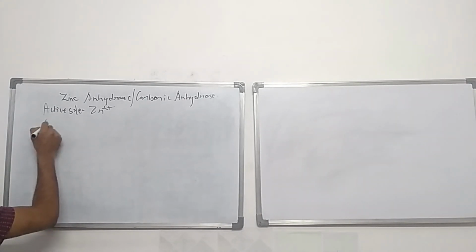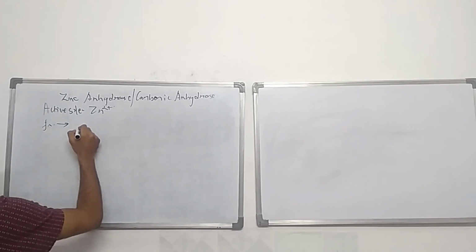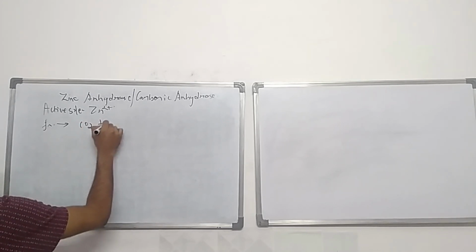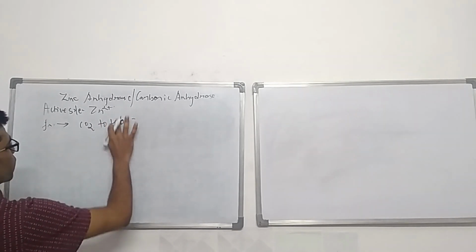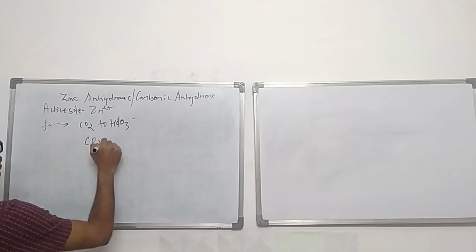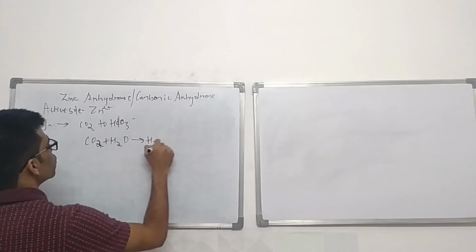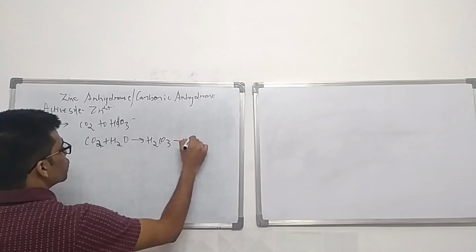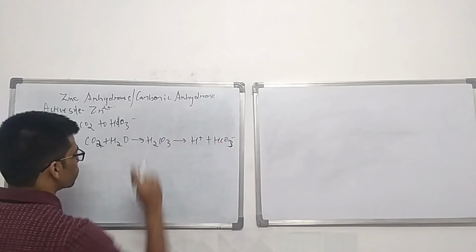The function of this protein is to convert CO2 to HCO3 minus. This comes from carbonic acid. So the reaction proceeds like this: CO2 plus H2O gives H2CO3, which then produces H plus and HCO3 minus.